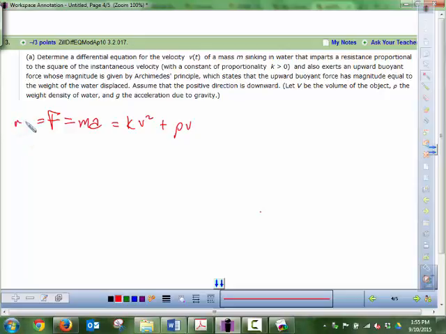So let's call it mg. And acceleration is dv/dt. So it looks like we're getting closer to our differential equation that has the velocity function in it.